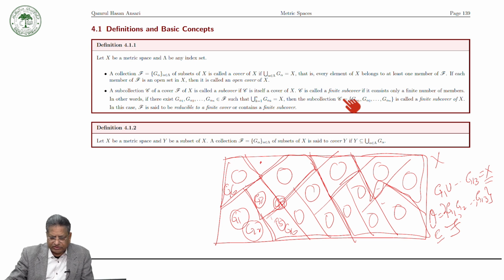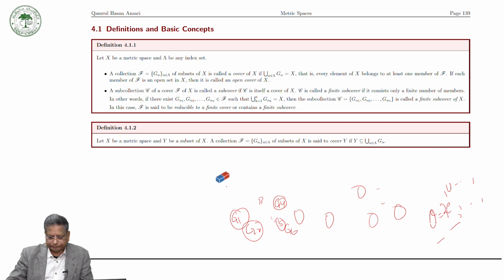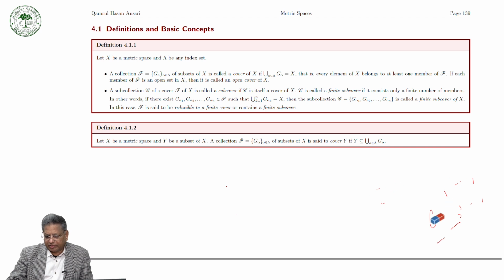In other words, if there exist G alpha 1, G alpha 2, ..., G alpha n, elements of F, such that the union of G alpha k, k running from 1 to n, is equal to the whole space, then this subcollection of F is called a finite subcover of F.